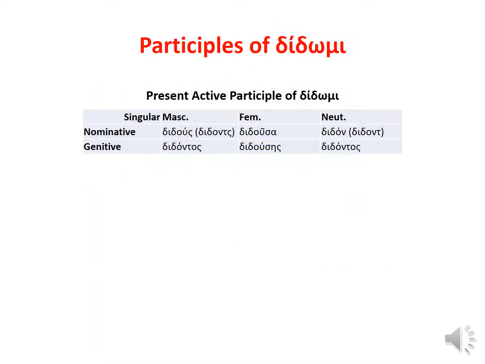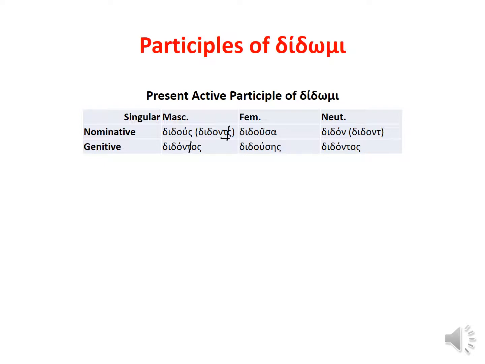Participles of didomi, again, largely similar to what you've done before, with just slight differences. So you notice in the nominative singular, for example, something funny is going on here. You've got your participial morpheme, nu tau, but this time, look, they do use that case ending in the nominative participle. We're in the third declension for the masculine, so didous, didontos. You see your os in the genitive.